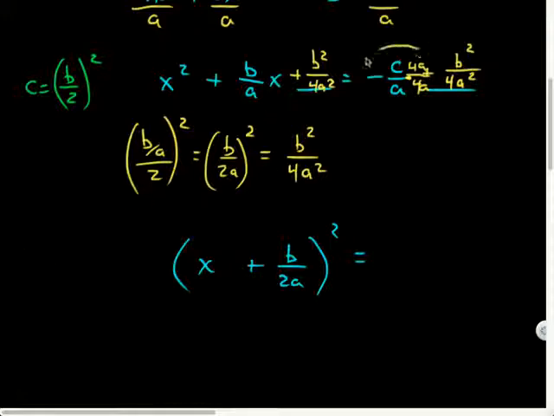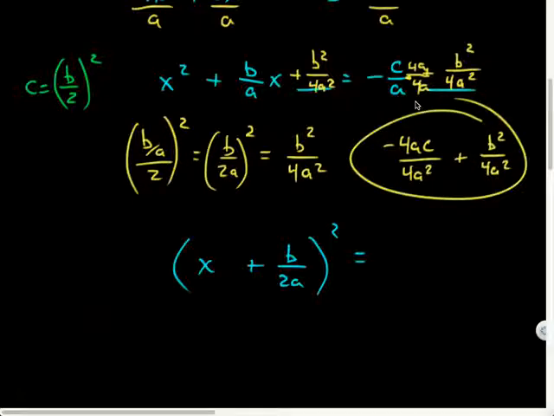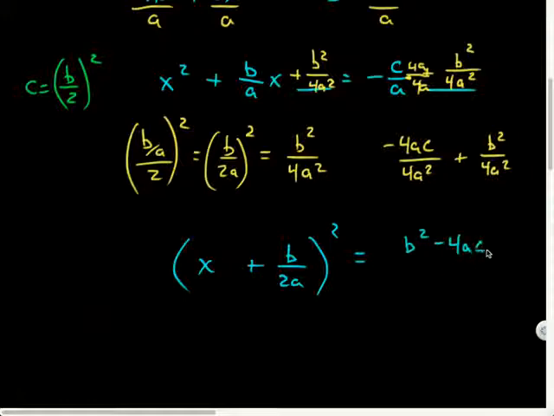So that's going to equal up top negative c times 4a, I'll just call that negative 4ac over 4a squared, plus b squared over 4a squared. Now that those are over a common denominator, I can add their numerators. And just because I don't want to have the negative term first, let's put the positive b squared first. So that's going to be b squared minus 4ac over 4a squared.